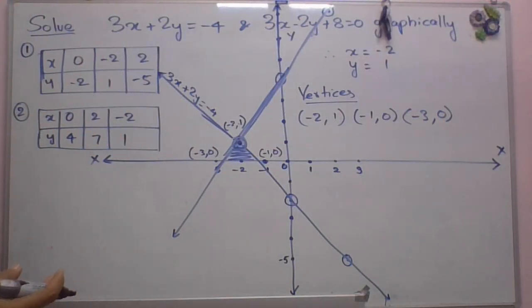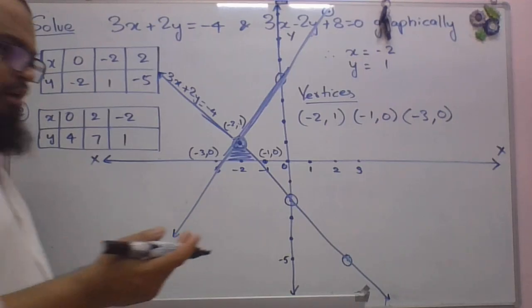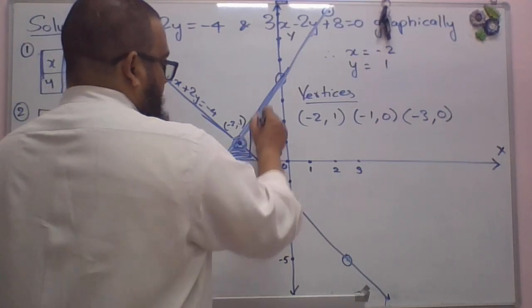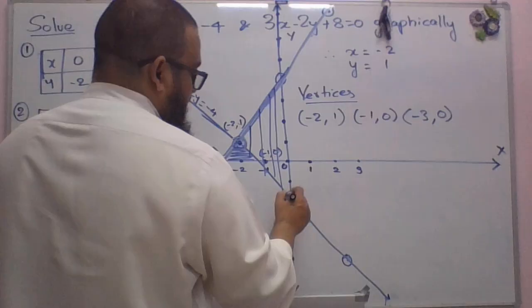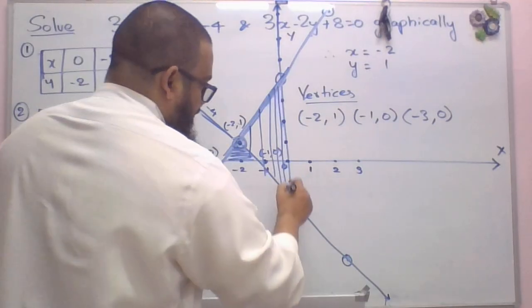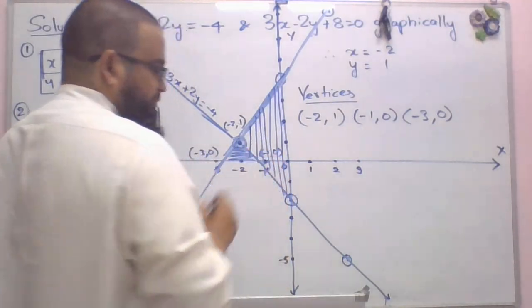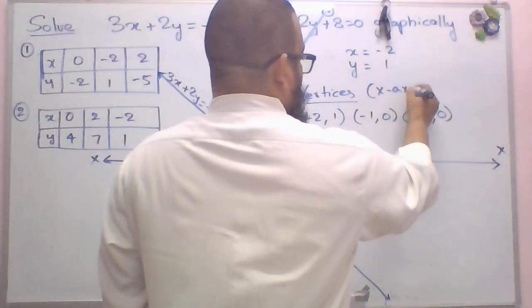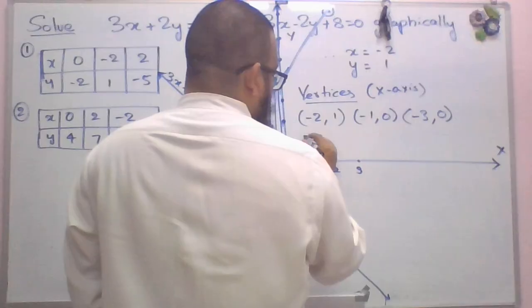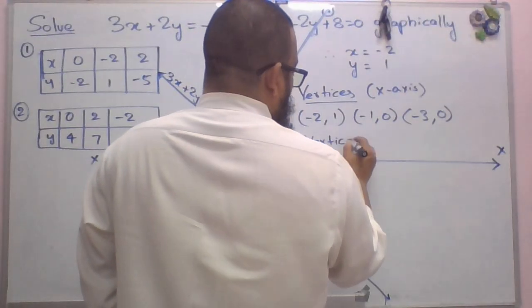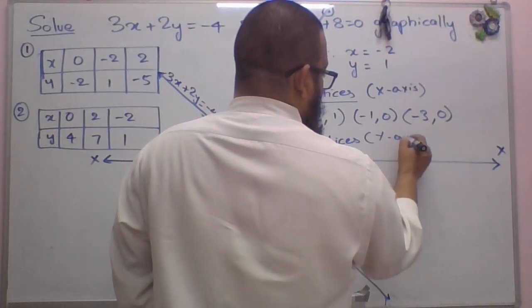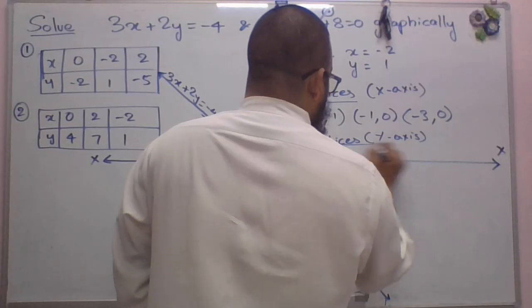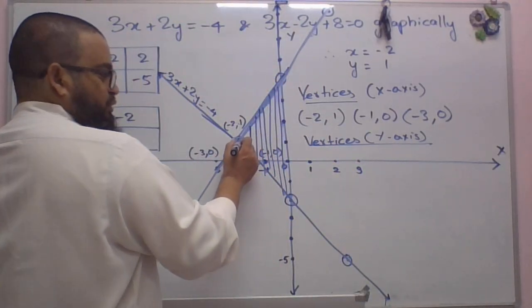One more thing. Suppose, for example, I add one more question: what are the vertices of the triangle formed with the y-axis? The previous one was with the x-axis. So let us see the first one.